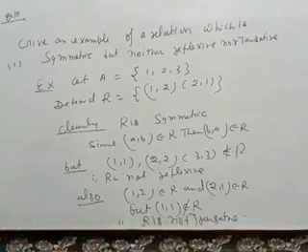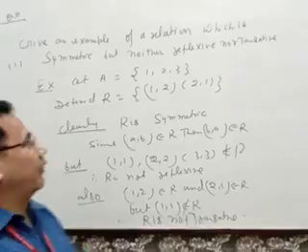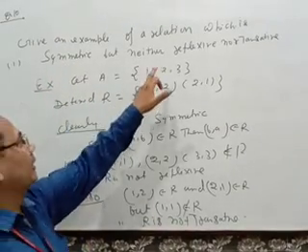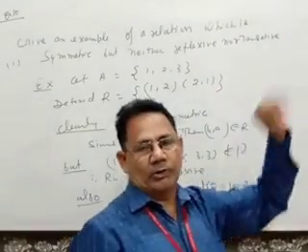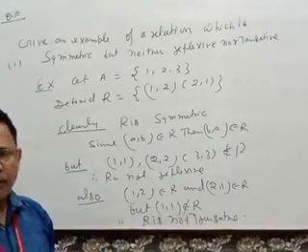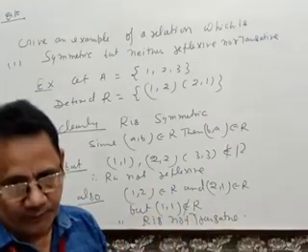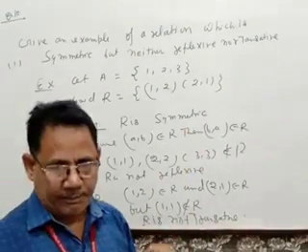So therefore this is the example which defines the relation which is symmetric but neither reflexive nor transitive. We also give some more example of such type. You try itself.